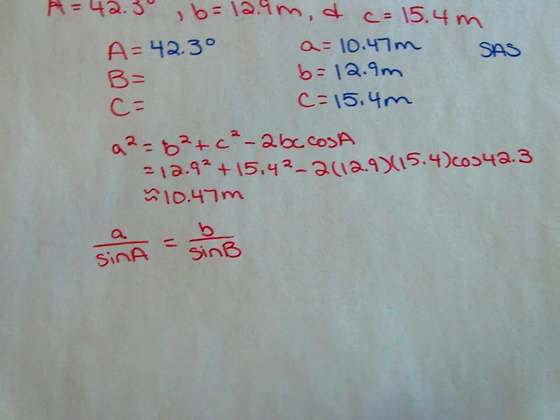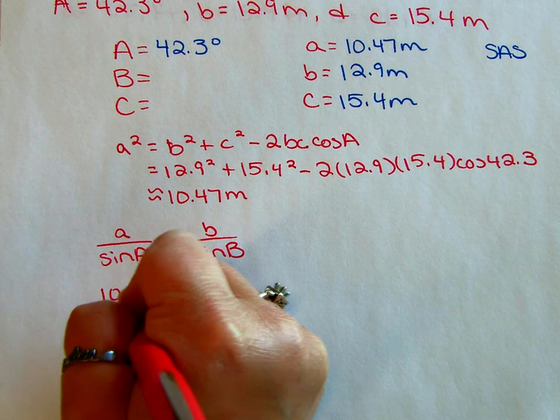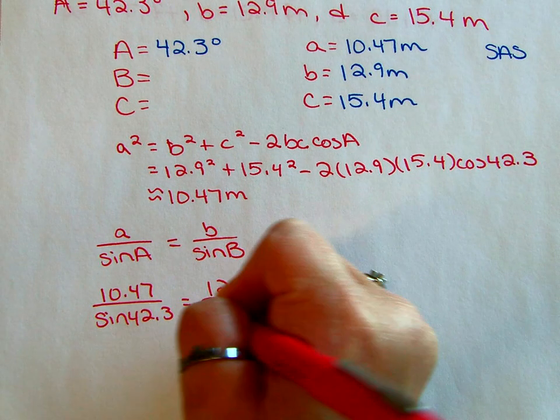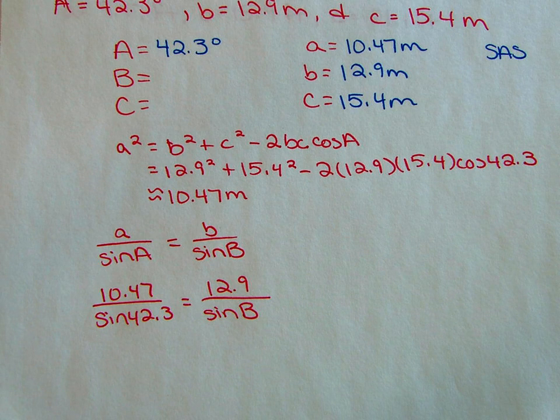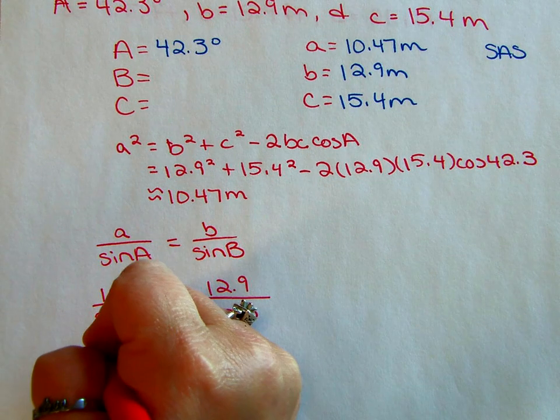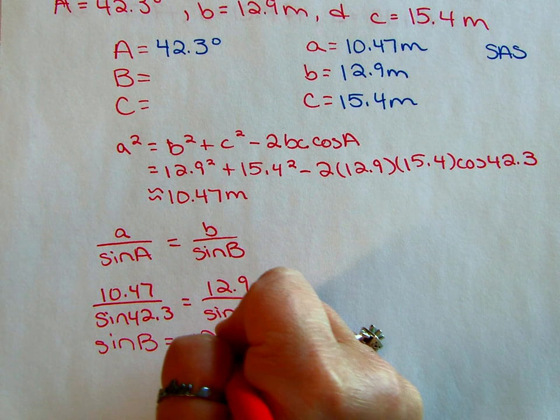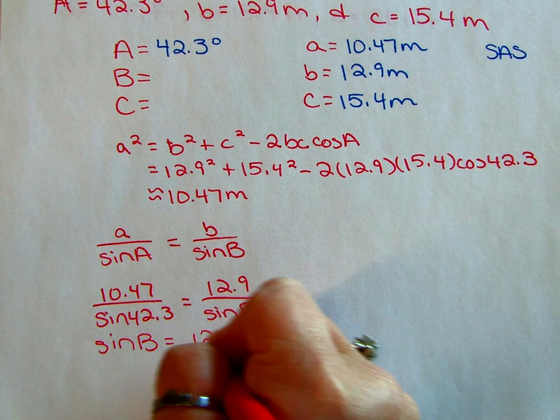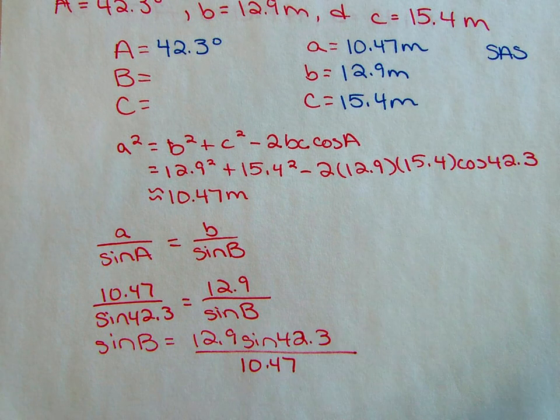Because A was 10.47, sine of 42.3, and B was 12.9 over sine of B. So you get sine of B equals 12.9 sine 42.3 over 10.47.